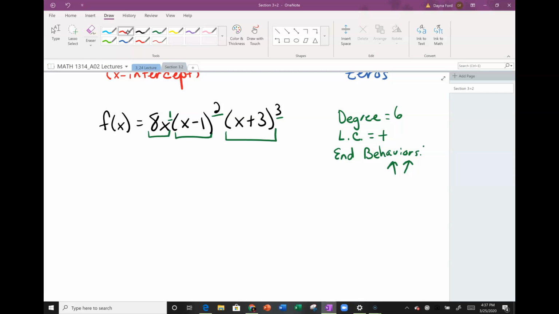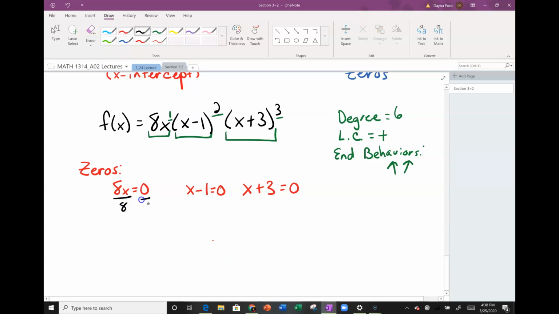Now the next thing that I want to find are the zeros. And again, these are the x-intercepts. It is very nice when things are already in factored format, because I'm going to take each factor, so the 8x, the x minus 1, and the x plus 3, and set each of those equal to 0 and solve. With the 8x, I'm going to divide both sides by 8, so I get that x is equal to 0.